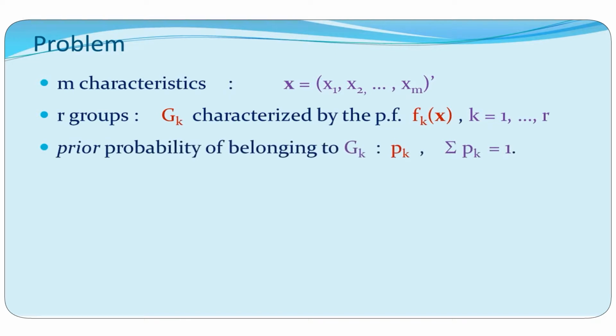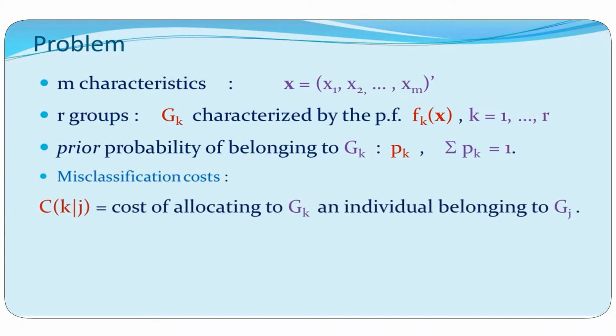The prior probability of belonging to the kth group is pk, and of course, summation of pk over all k would be equal to 1. The misclassification costs are assumed to be C(k|j), which is the cost of allocating to Gk, that is to the kth group, an individual who actually belongs to the jth group.